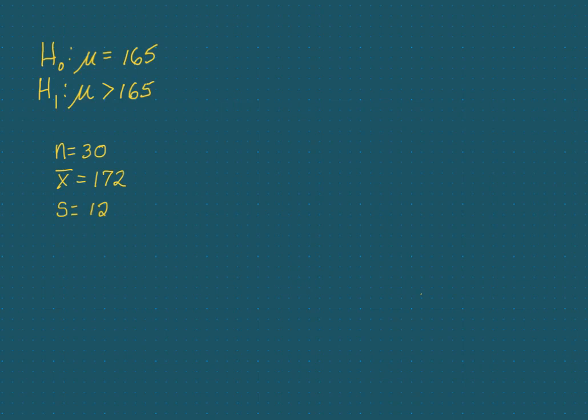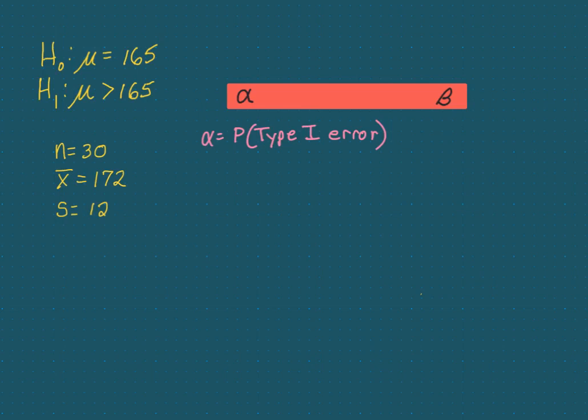Now that you're a little bit familiar with hypothesis testing, I want to emphasize that the values for alpha and beta are closely related. Remember that alpha stands for the probability of making a type 1 error, which could also be called the probability of a false alarm, saying, yes, there is a change in the population mean when there really isn't.